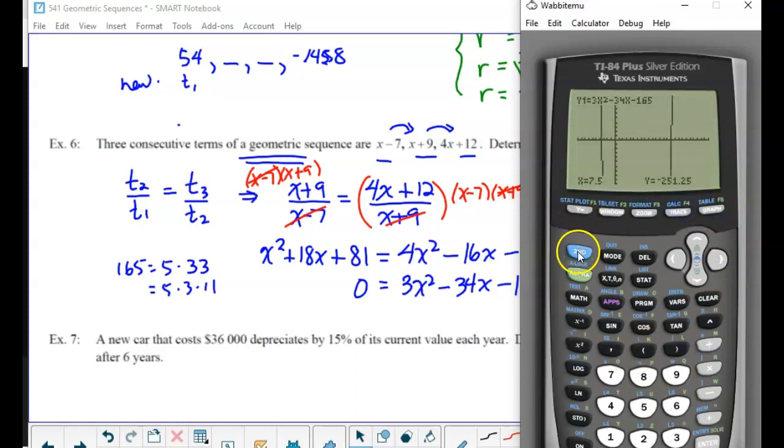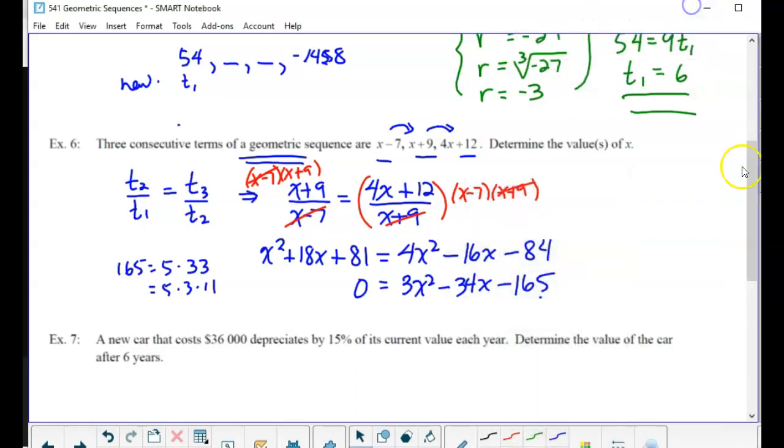Oops. Intersect. Okay, 15. That helps me.